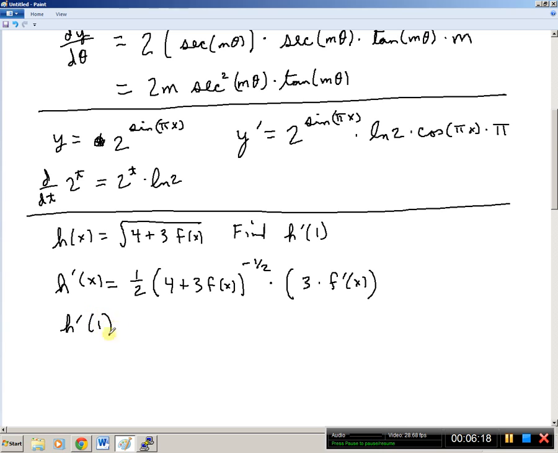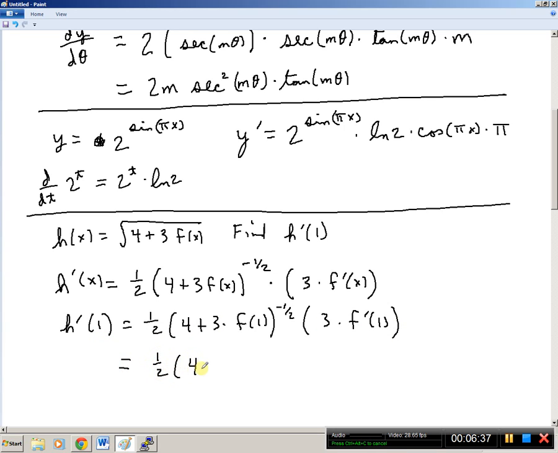So the derivative of h at 1 would be 1/2 times 4 plus 3 times f of 1 to the negative 1/2 times 3 times f prime of 1. And then you just have to fill in what the given information is.